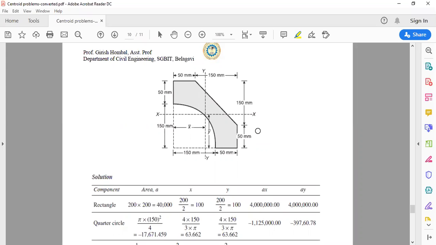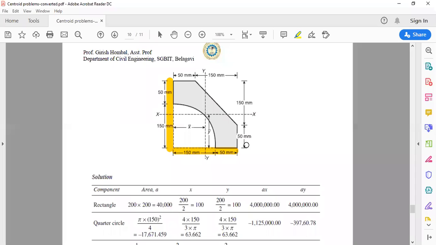Now, I need to divide this into common geometrical figures first. So what I'll do is I'll just draw the borders of this diagram so that the problem is completed.